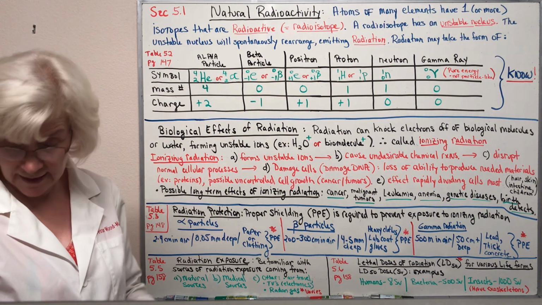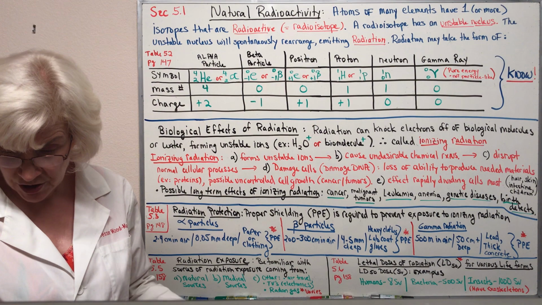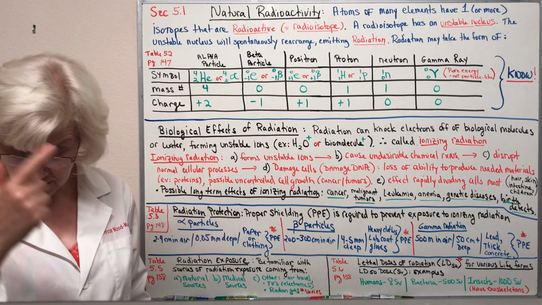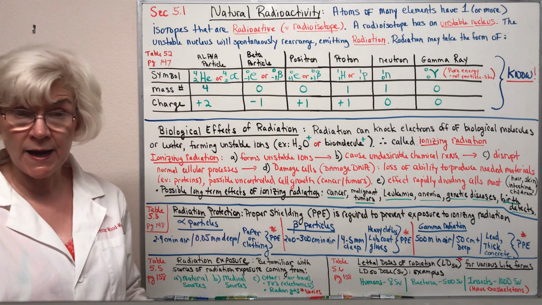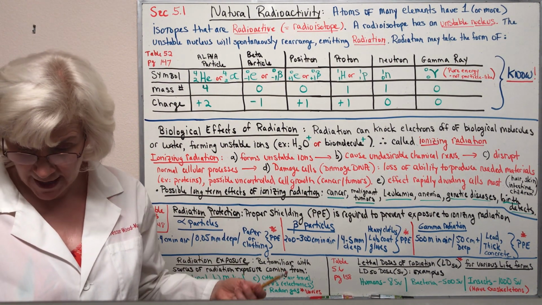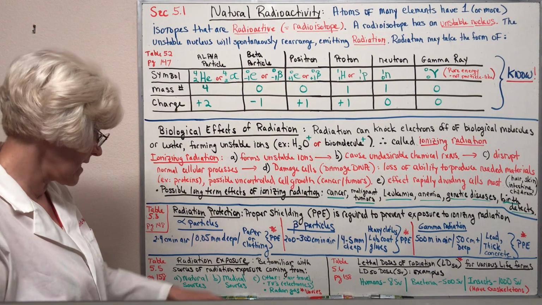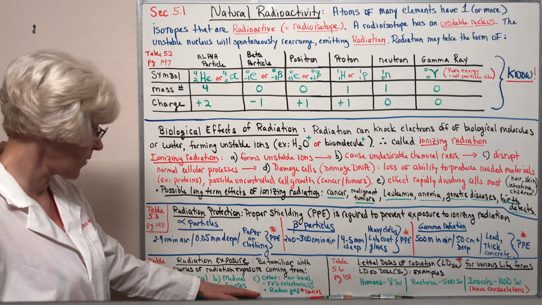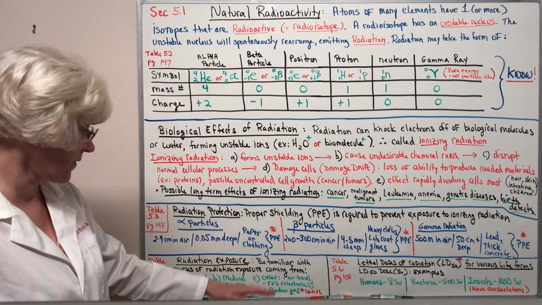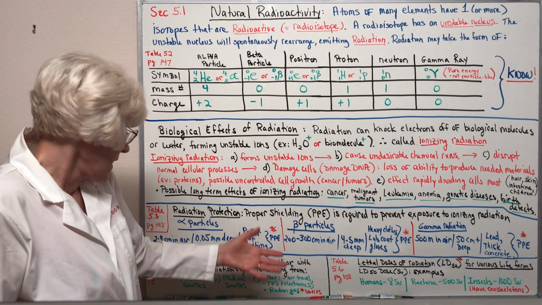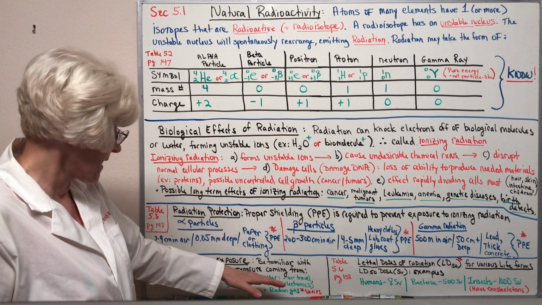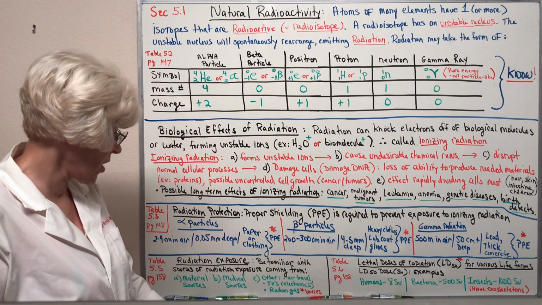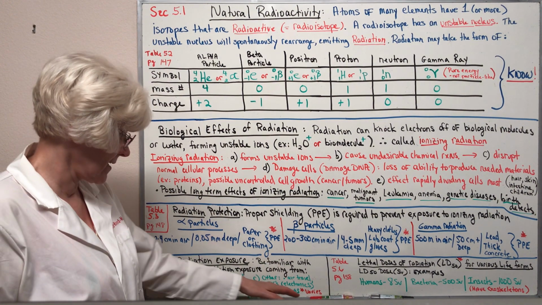Medical sources are another source of radiation exposure to the average human. Dental x-rays, chest x-rays, mammogram, hip x-ray, other types of imaging will present a source of radiation exposure to individuals. And then lastly, there's other miscellaneous sources such as air travel, TVs, electronics, and radon gas.